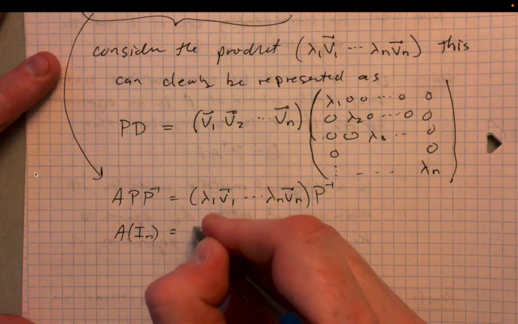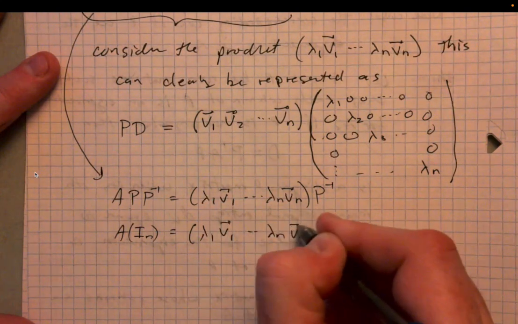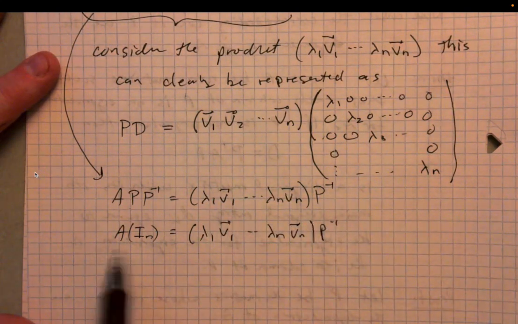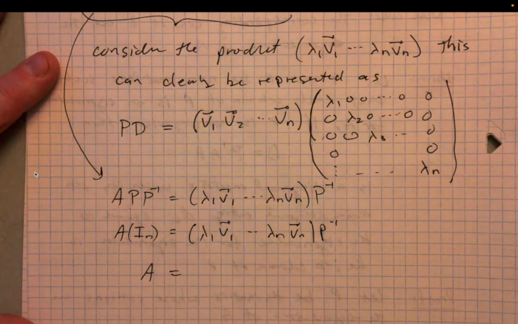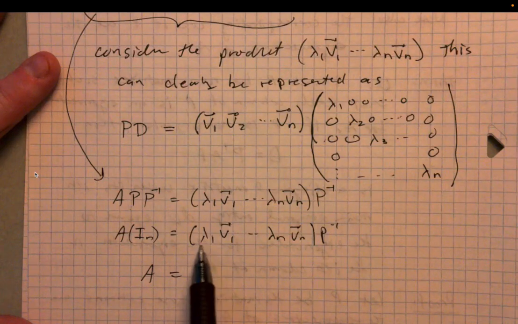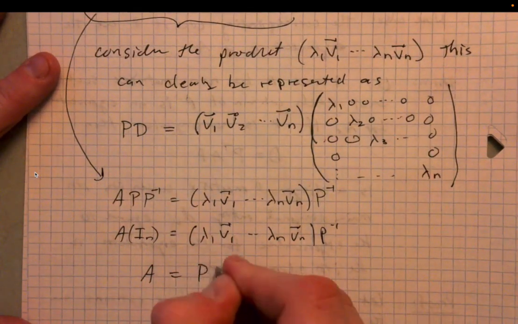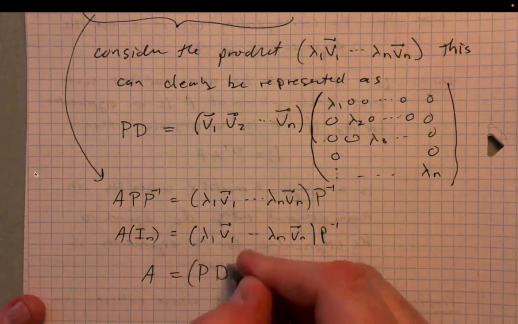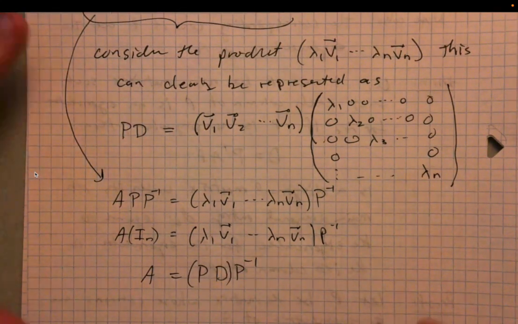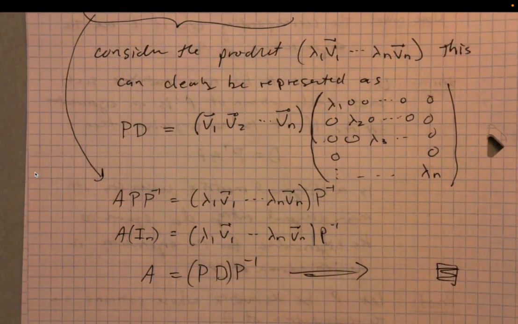And you could just drop the identity matrix and say this is A. Now we just showed that the right side can be represented as P times D. So this has to be P times D, and that's exactly what we're after. And so that is the result.